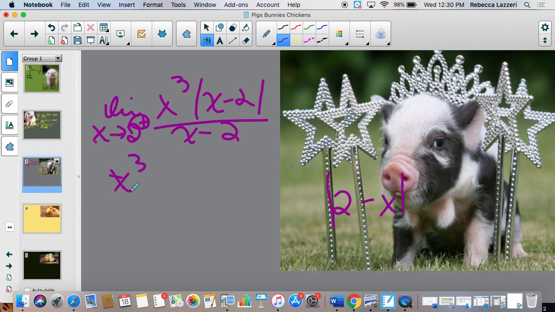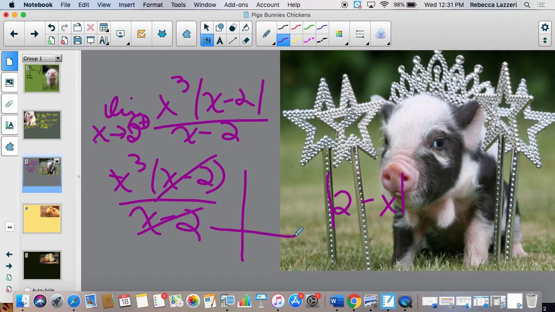So I have x cubed times, this is very great, I love this graph, over x minus 2. Hopefully y'all know from your pre-cal and your algebra that you now have a hole in the graph at 2. Okay? And so this does not exist at 2, but I know what x cubed looks like. Okay? And it picks up at 2,8 and continues on. Don't ever draw me a graph to grade without units marked off.